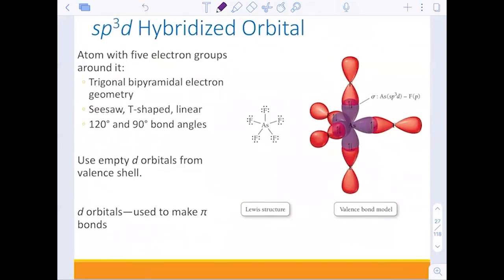Now, where do we get the expanded octets? When expanded octets occur, it's because the atom is in the n equals 3 principal quantum number for its valence electrons. L can be 0, 1, or 2. So in n equals 3, we have s's, p's, and d's.